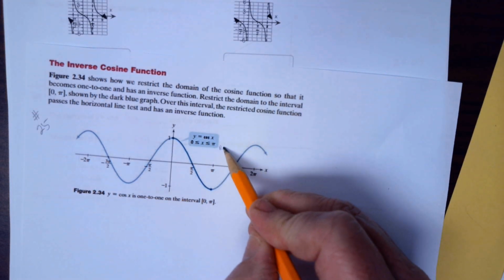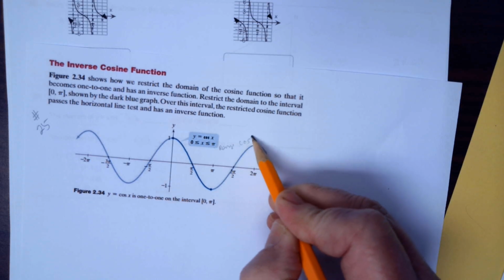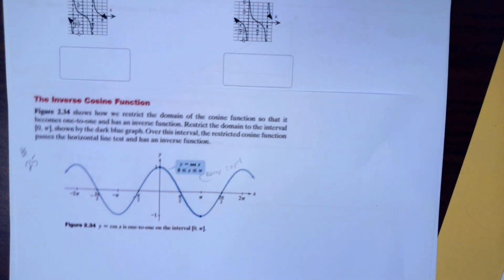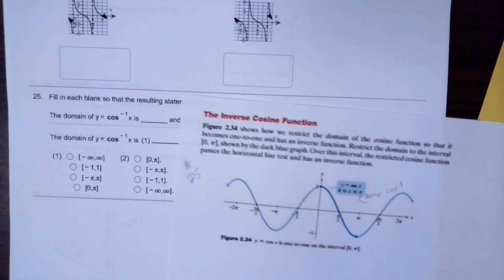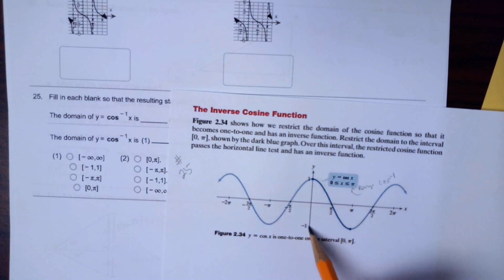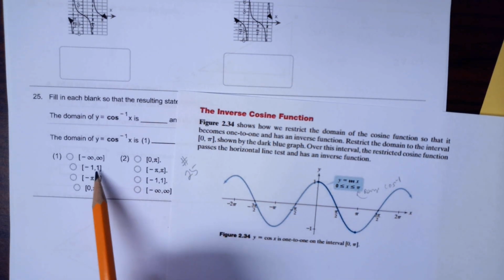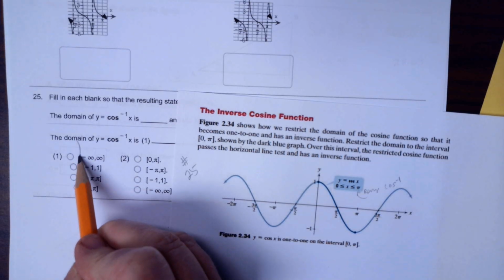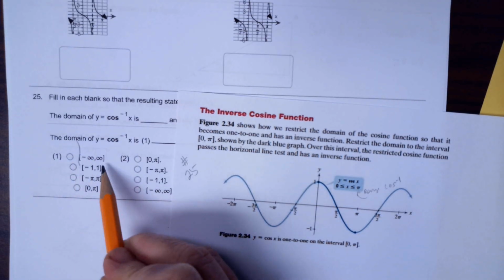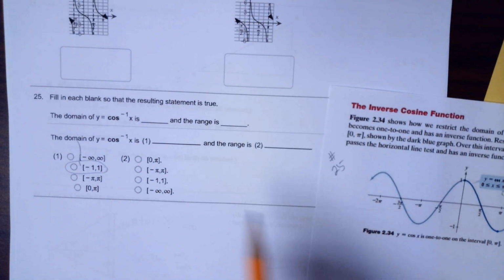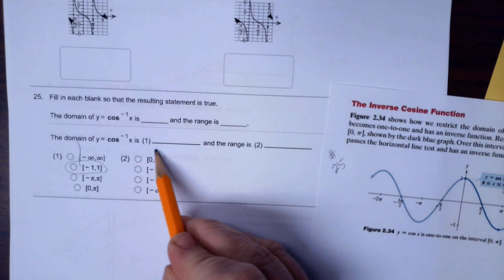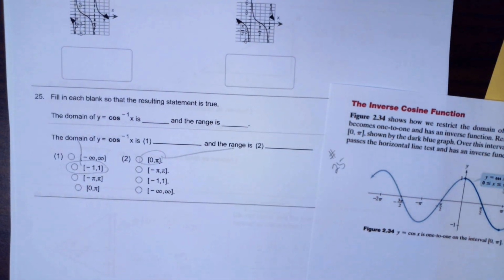So the range of cosine inverse is 0 to pi. The domain is the range here, and the range of the cosine function is from negative 1 to 1. So that becomes our domain here. So the domain is negative 1 to 1, and the range is 0 to pi.